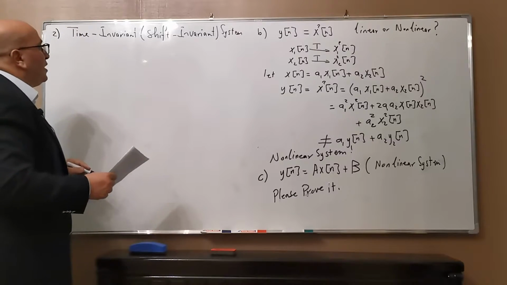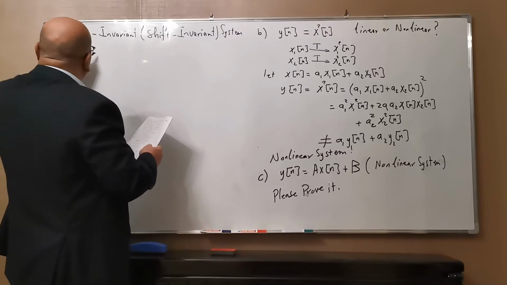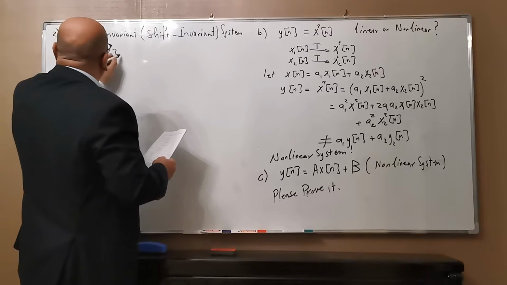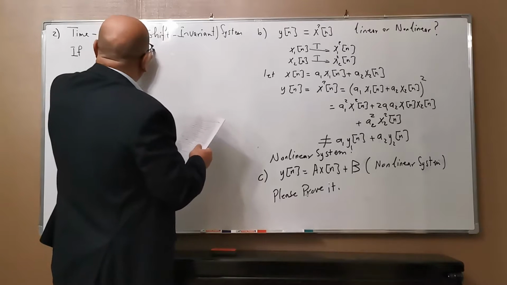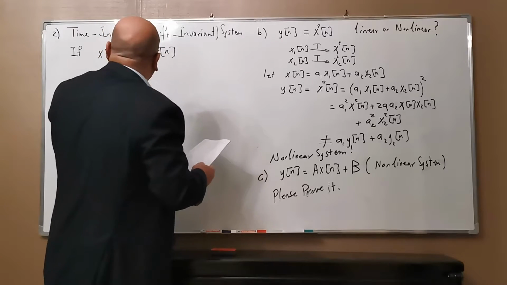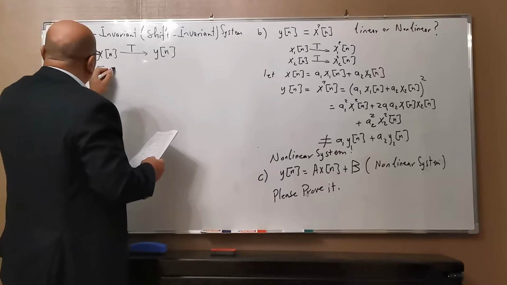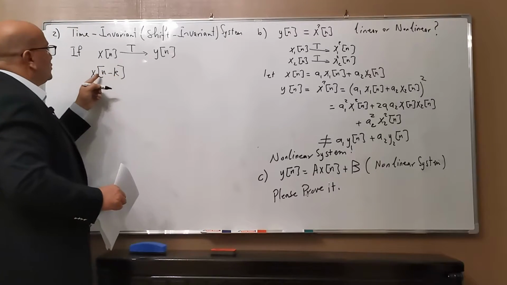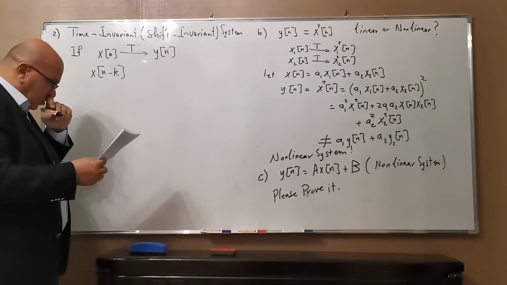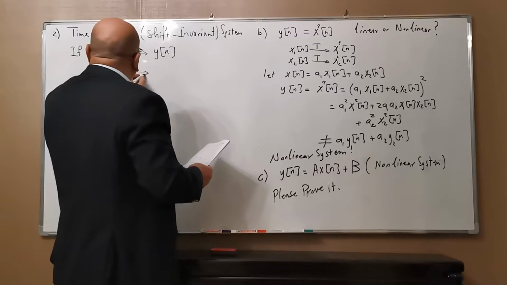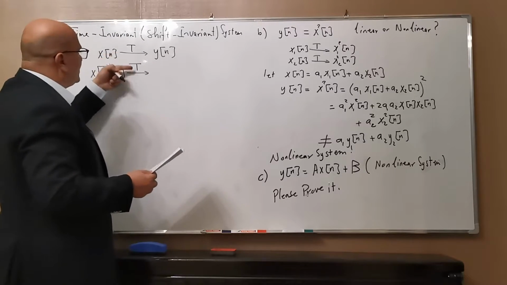Okay, what do we mean by time invariant? If we have x of n applied at a certain instant of time through T, then we get y of n. Now, if x of n is shifted by time, so we have a shift, either positive or negative, both work, and now this shifted input is going through the system.